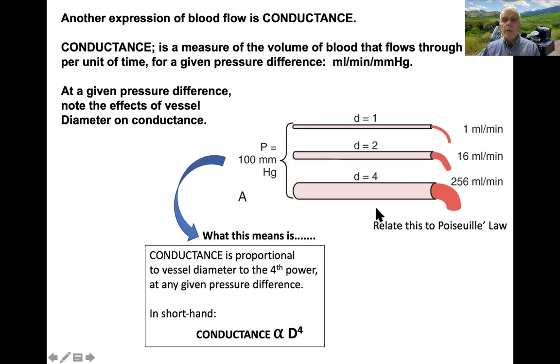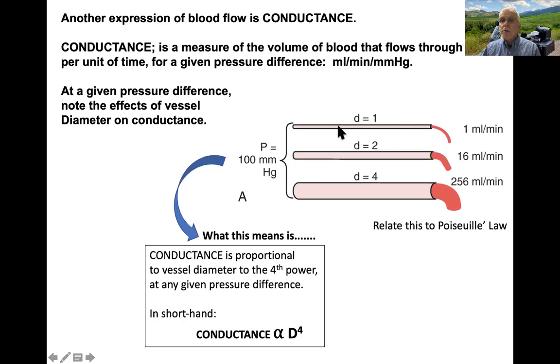So what does this all mean? I'm going to say this in about 3 or 4 different ways before I'm done, but as a first shot at this, the flow or conductance is proportional to the vessel diameter to the 4th power at any given pressure difference. So in other words, if I double this, 2 times 2 is 4, times 2 is 8, times 2 is 16.